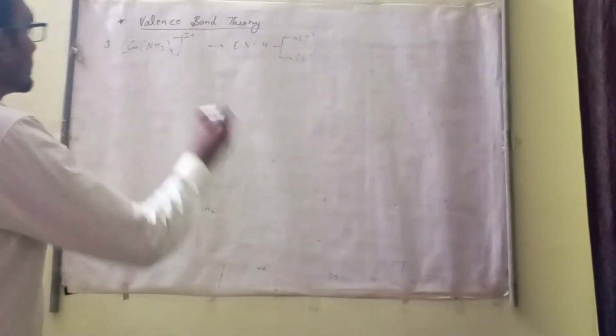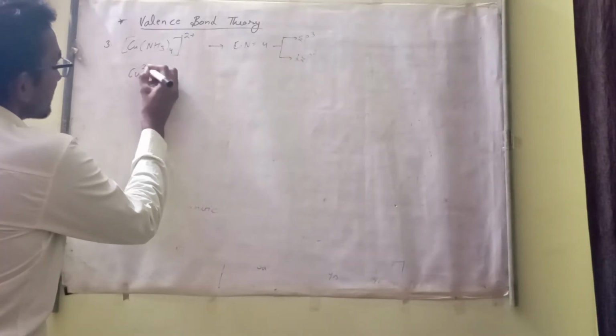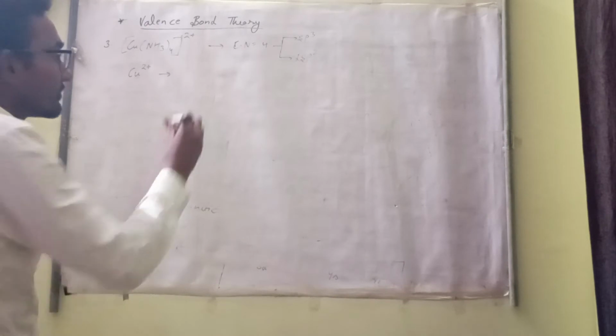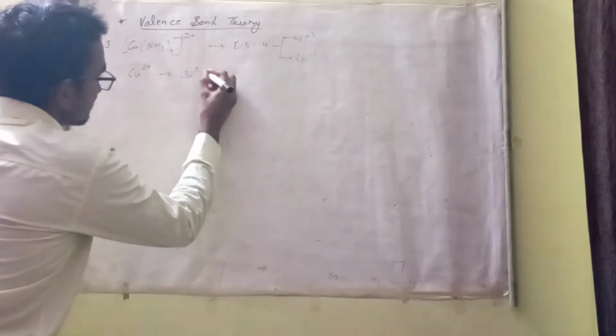Okay, copper is in the +2 oxidation state and the electronic configuration is 3d9 4s0.